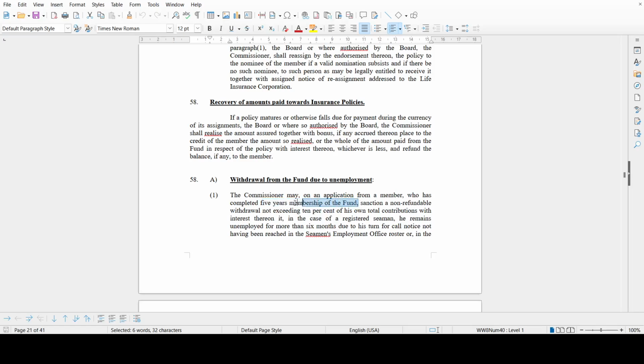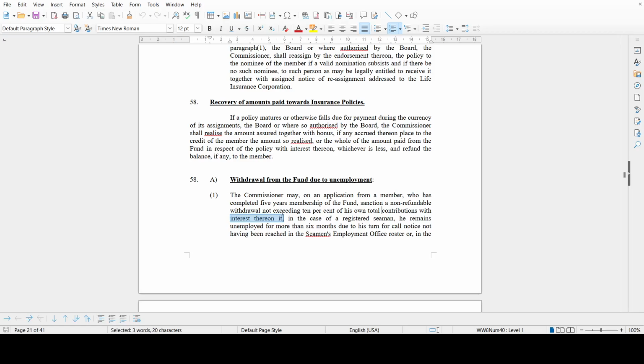The first condition is the Seaman's membership tenure must be minimum 5 years. Sanction a non-refundable withdrawal not exceeding 10% of his own total contributions with interest thereon.